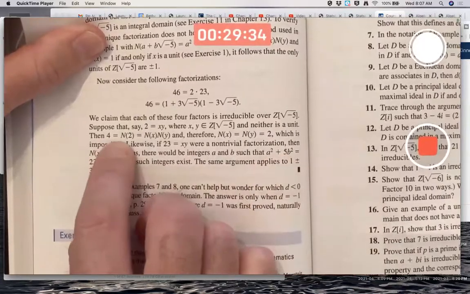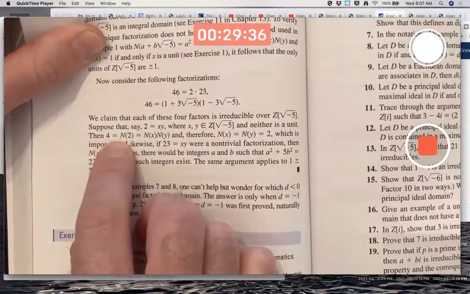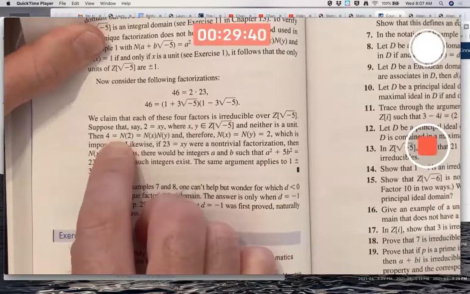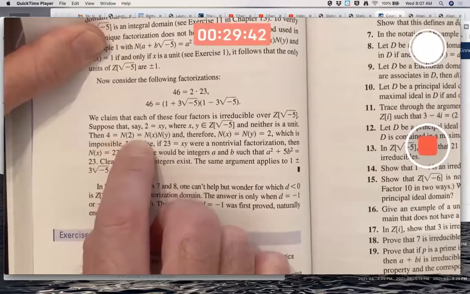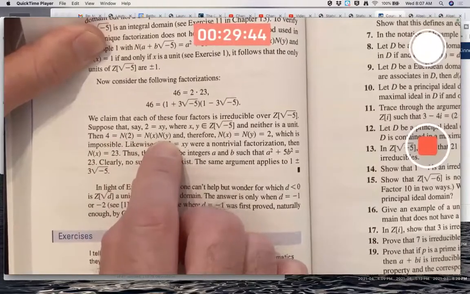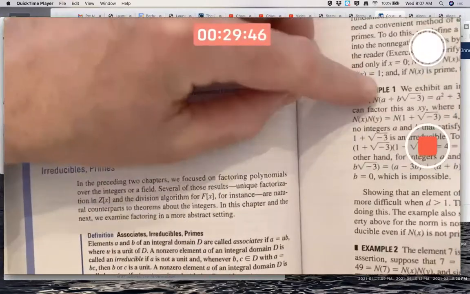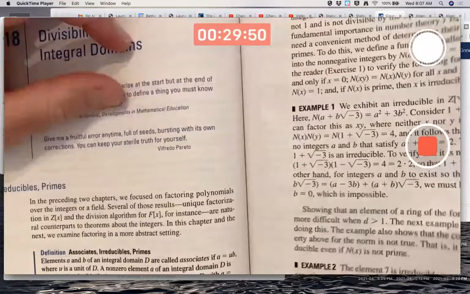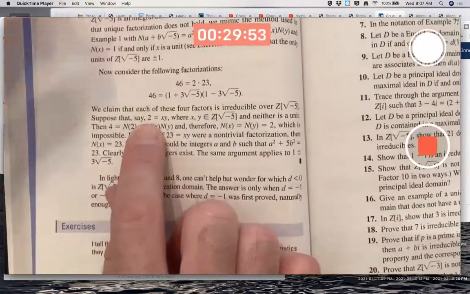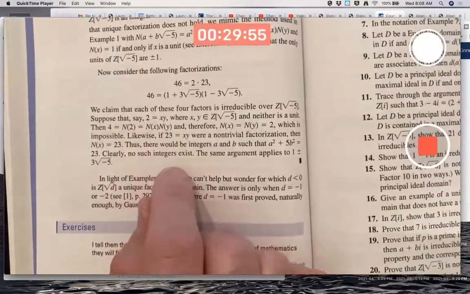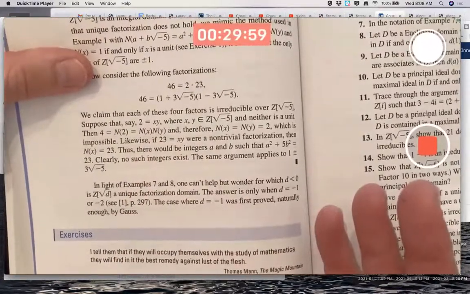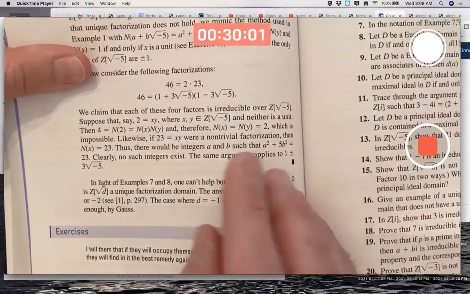So n of 2 equaling 4 is just the formula for this norm in this ring. Saying that equals n of x times n of y is based on this property, and the fact that we're assuming 2 equals x times y. N of x and n of y are both integers. And neither of them can equal 1.